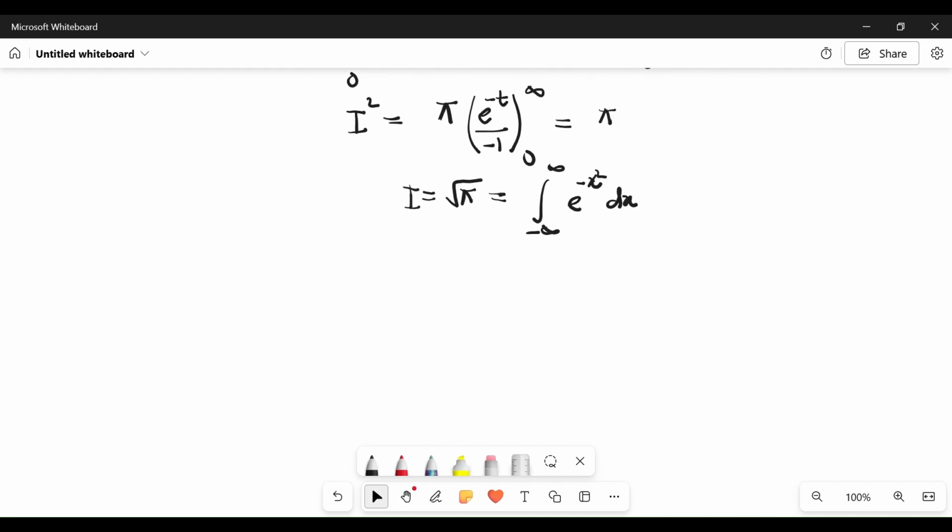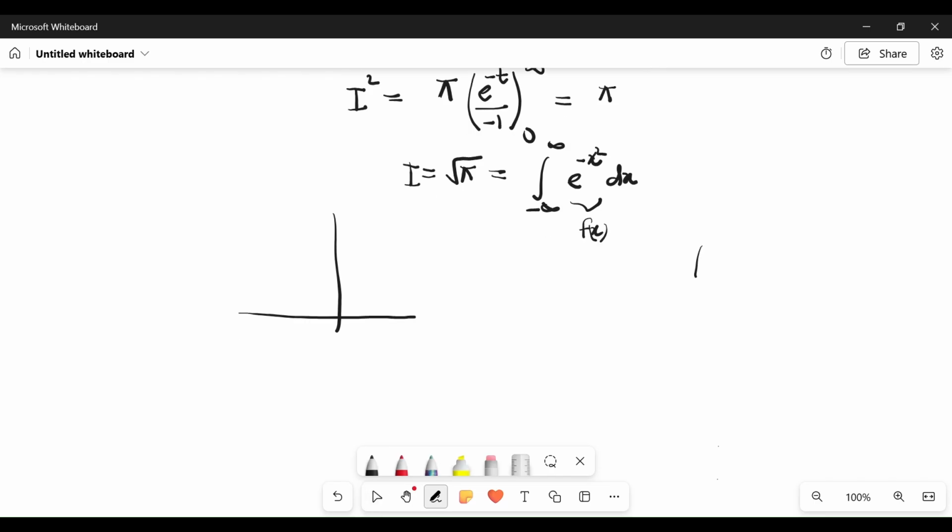You should not be confused with the limits here. The limits are from minus infinity to infinity. You can see that this is a symmetric graph, because if you consider this as f of x, where f of x is equal to e raised to minus x square, in this plot, I'm just taking this as y. So this graph will somewhat look like this.